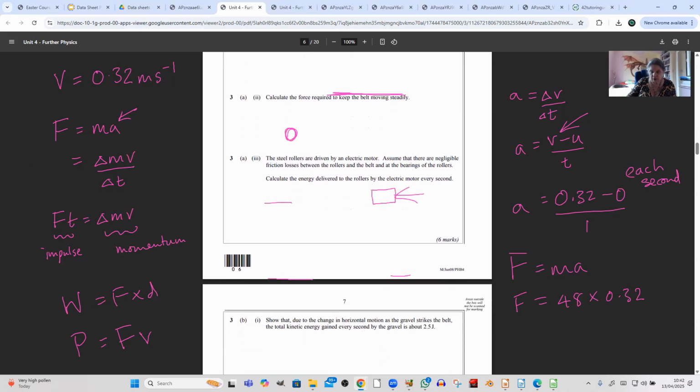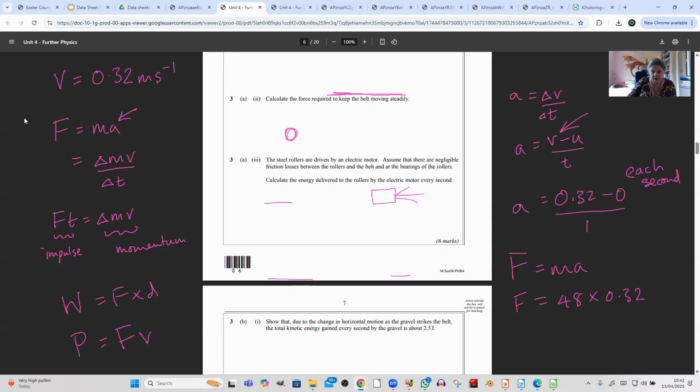We're going to do part I. Let's get rid of these twiddly bits. Right, okay, so now it says calculate the force. Oh no, we've done that bit. Part 3, I. The steel rollers are driven by an electric motor. It says assume, right, we're back to our ninja question reading. There's negligible friction.